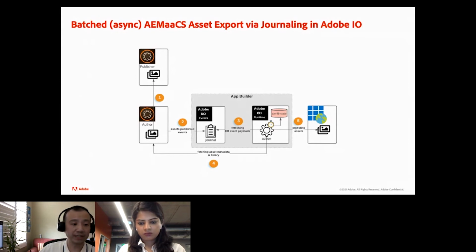For each event that is fetched, similar to the webhook, the export action gets the asset reference, makes a call back to AEM author to get the metadata, and eventually fetches the binary or rendition of that asset and ingests it into the downstream system.